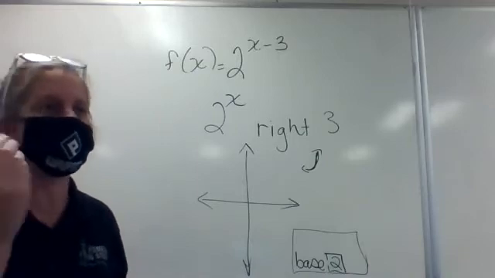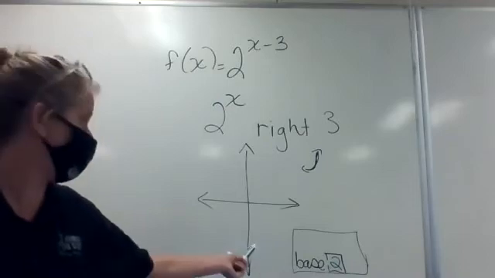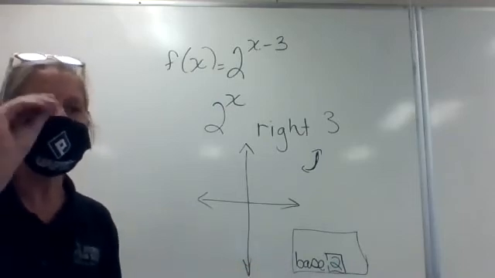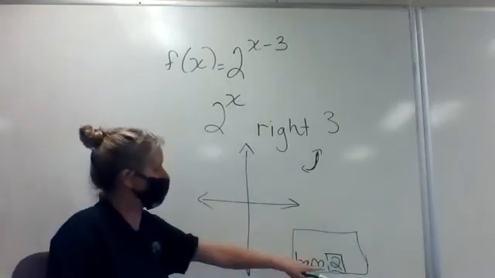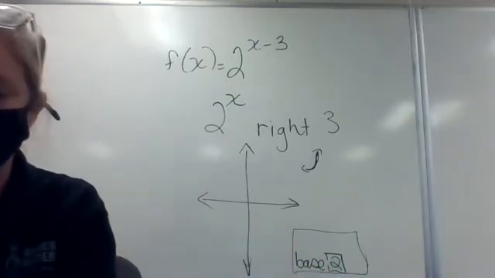Okay, and you'll notice that it barely even moves the graph at all, because E is not far from 2. But the base of this function is not an E, it's 2. So make sure you change the base of your problem to a 2.